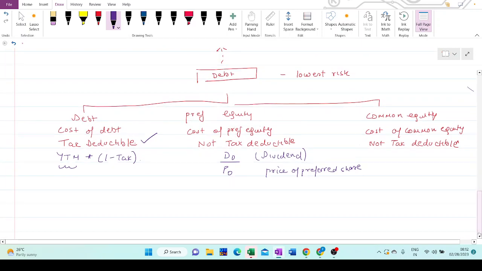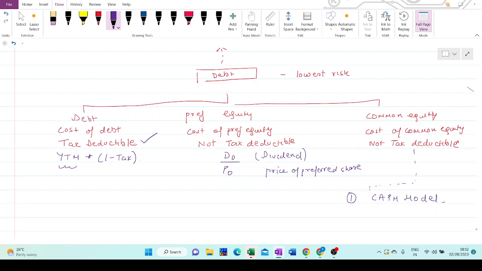And there are two ways that are given in the syllabus as to how to calculate cost of common equity. First, you calculate it using the CAPM model, which says that required return by common equity shareholders, or cost of common equity for a company, is RF plus RM minus RF into beta.